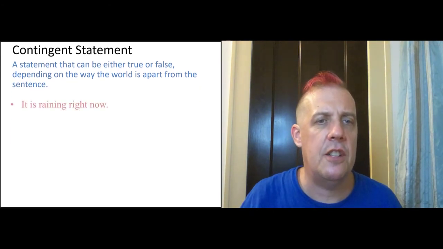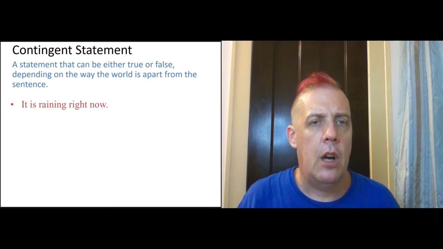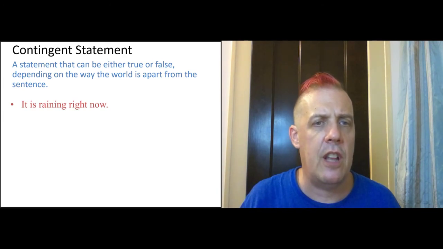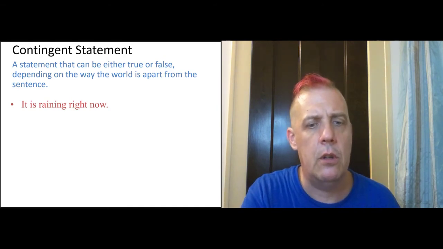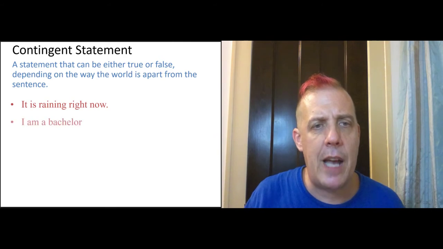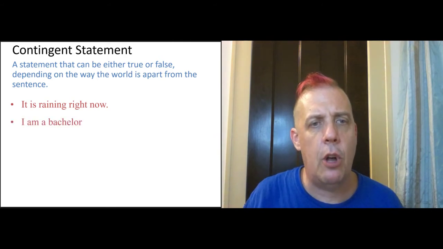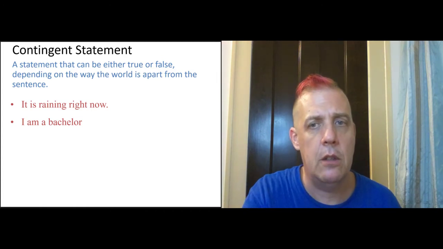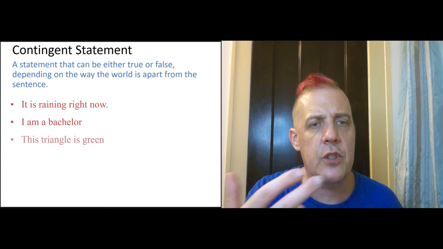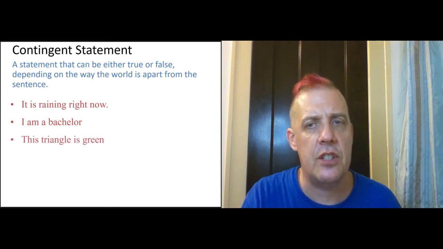So if I say it is raining right now, I can't figure out whether or not that sentence is true just by looking at its logic. I need to go out and look out the window. I am a bachelor is different than all bachelors are unmarried. I'm a bachelor is something that you have to confirm by talking to me. This triangle is green. These are all contingent statements.